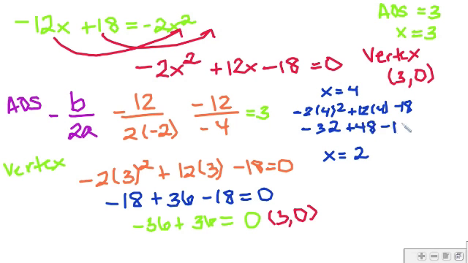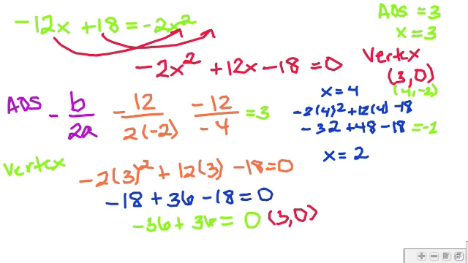And then we bring down the negative 18. Let's finish this up. I have negative 32 plus 48 minus 18. You get negative 2. So our next point that we're going to plot will be 4, negative 2.